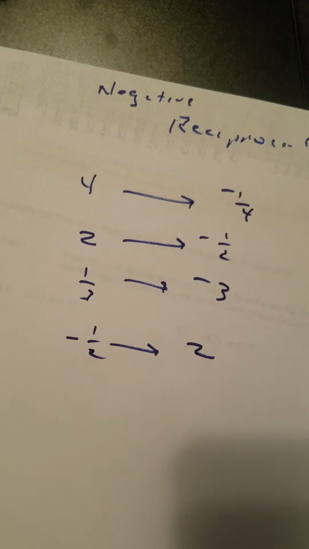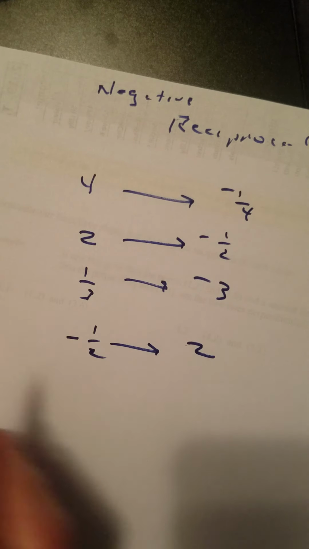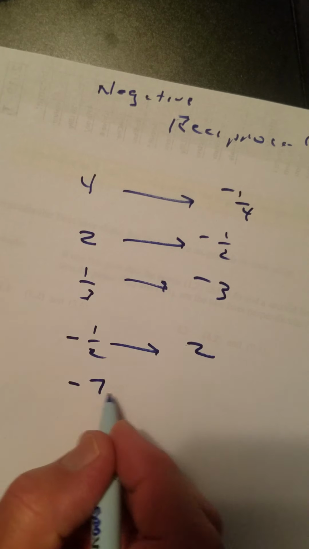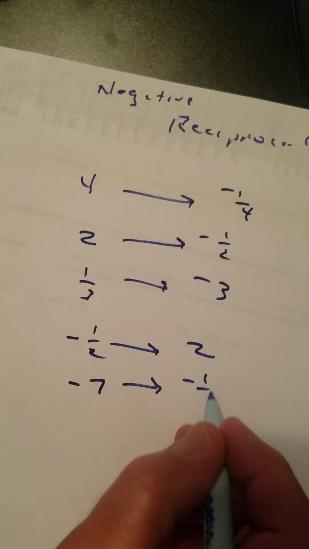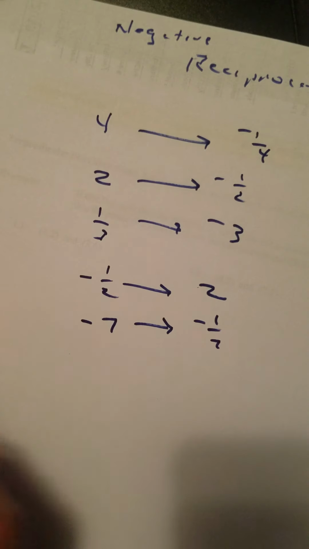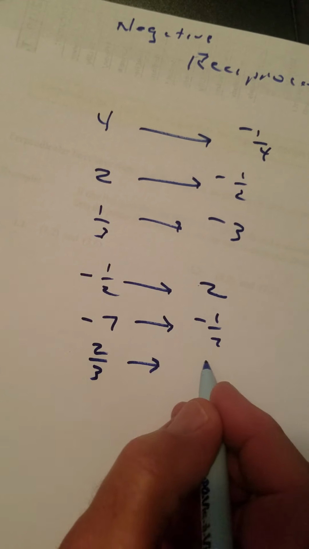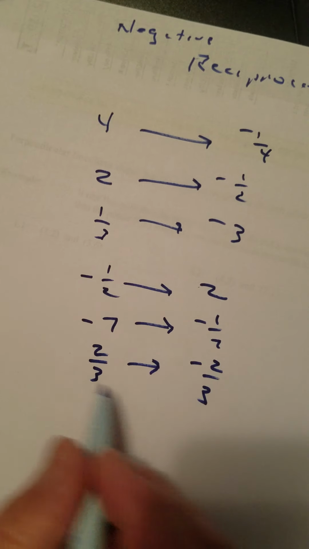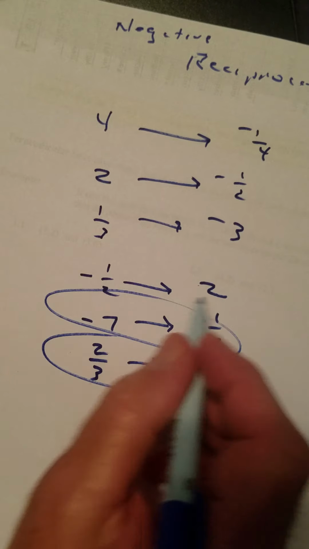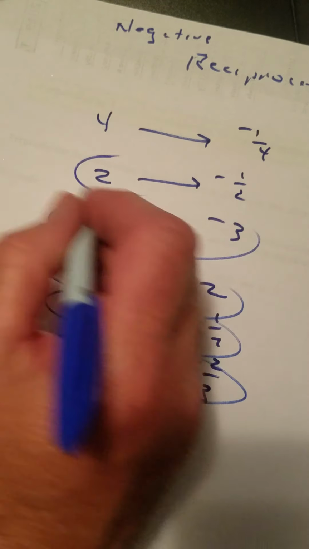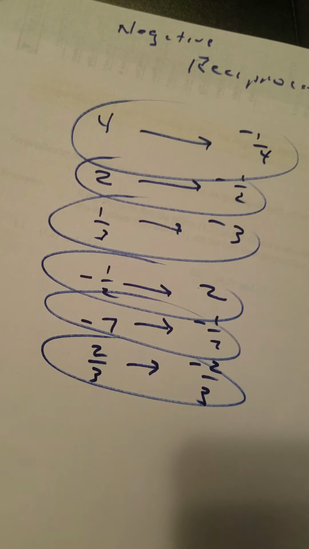That's negative, that makes that one positive. Or if this is -7, this would be 1/7. Or if this is 2/3, then over here it'd be -3/2. So all of these get paired up. They're negative reciprocals of each other.